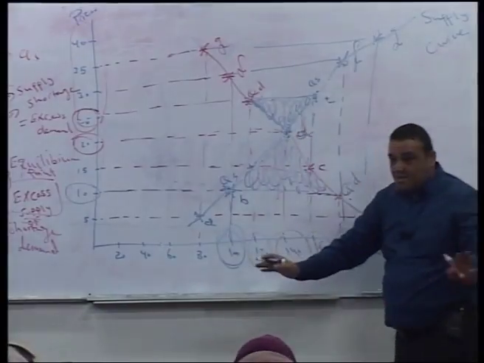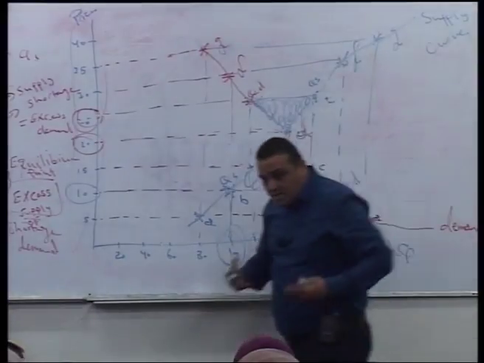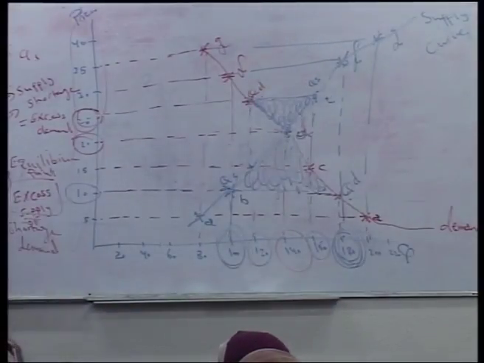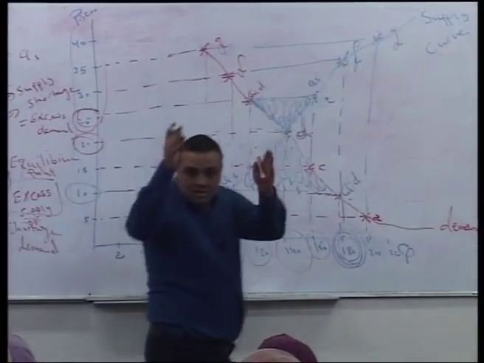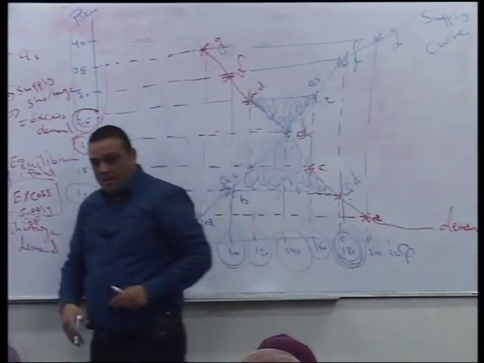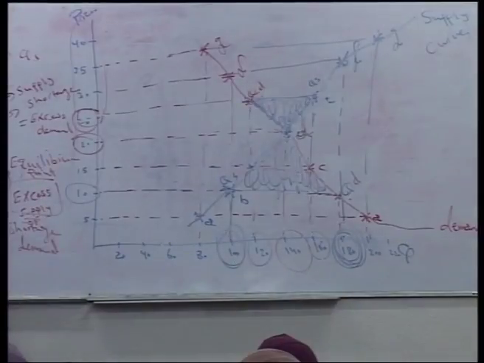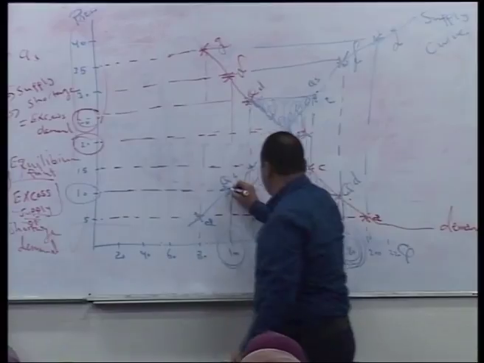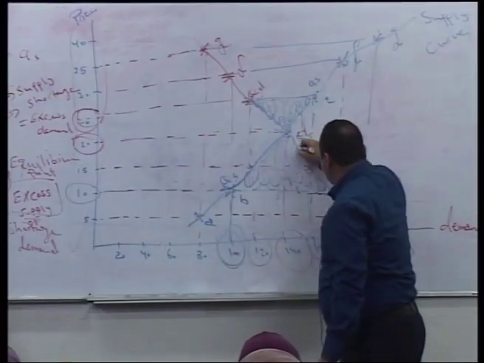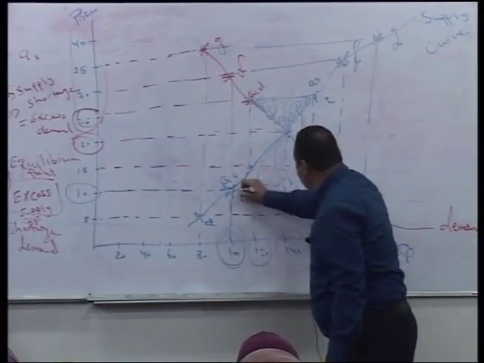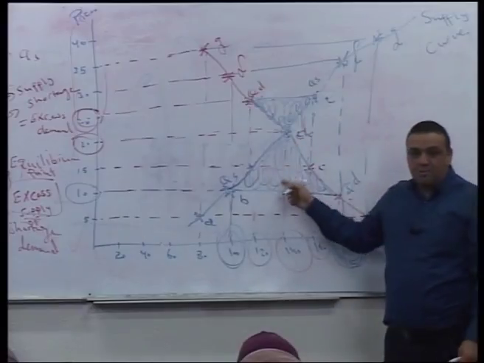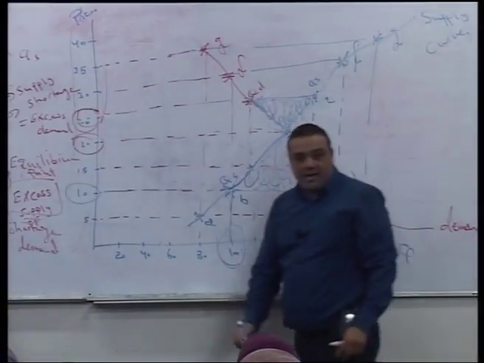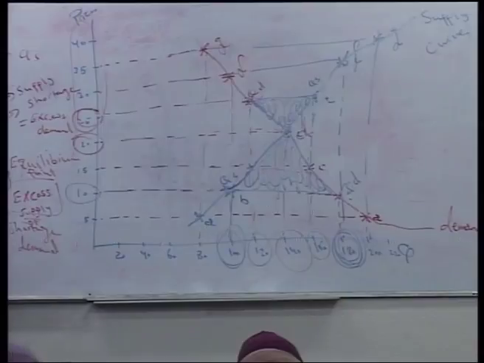As I mentioned, you can say demand minus supply, or supply minus demand, it doesn't matter. The absolute value should be considered here. So in this case, the excess demand will be represented by this triangle.